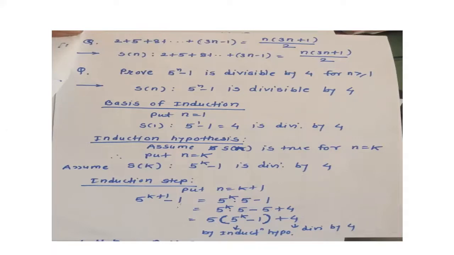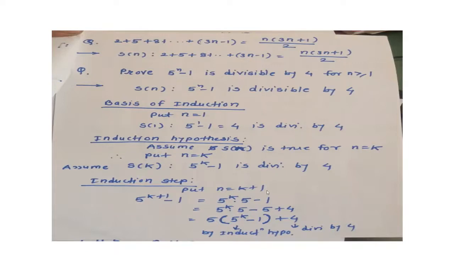Next, the induction step. Here we put n equal to k plus 1. We have to prove that S of k plus 1 is true for n equal to k plus 1. So, 5 raised to k plus 1 minus 1.